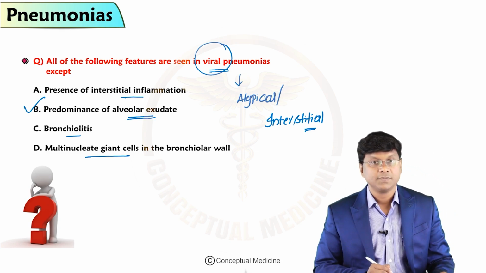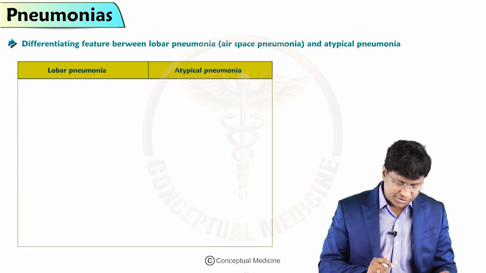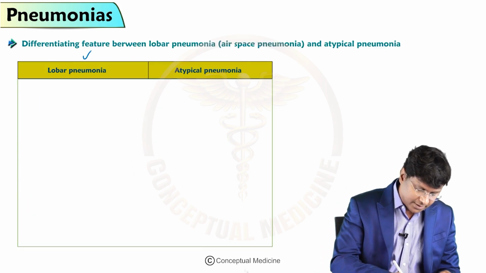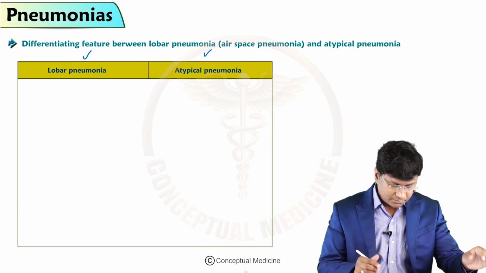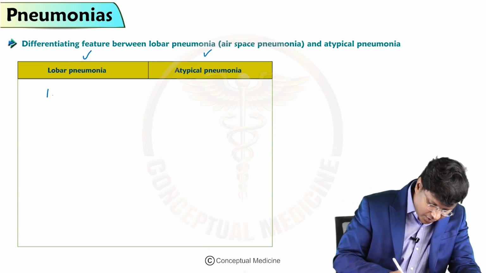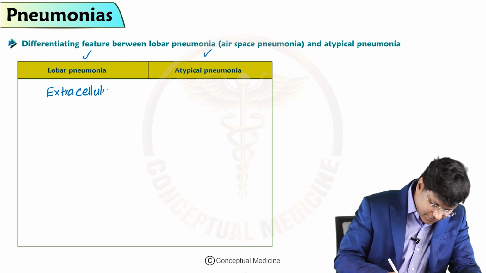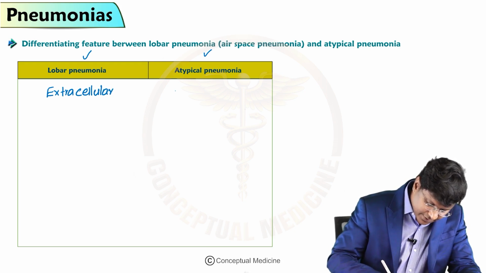Now, if you see this question of differences between lobar pneumonia and atypical pneumonias. In lobar pneumonia, the organism is an extracellular organism, whereas in atypical pneumonia, it is an obligate intracellular organism.